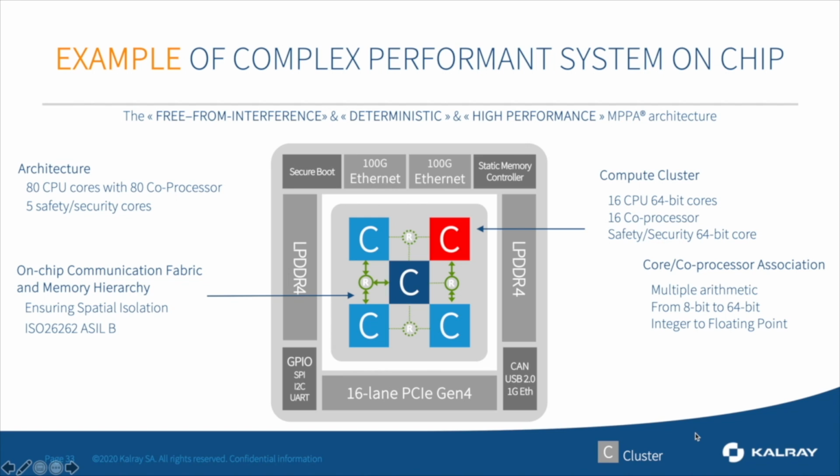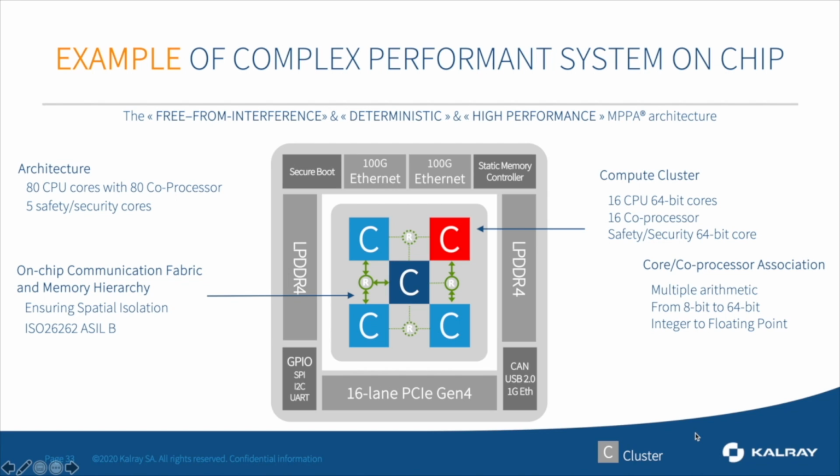I'm just illustrating this new concept here with an example of an on-chip many-core, where you have the capability of running a performance OS in part of the chip and deterministic execution on another part of the chip.